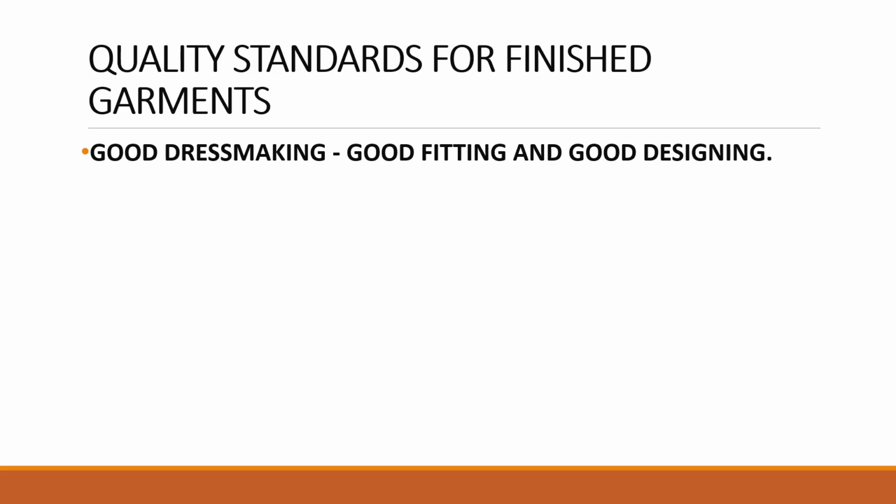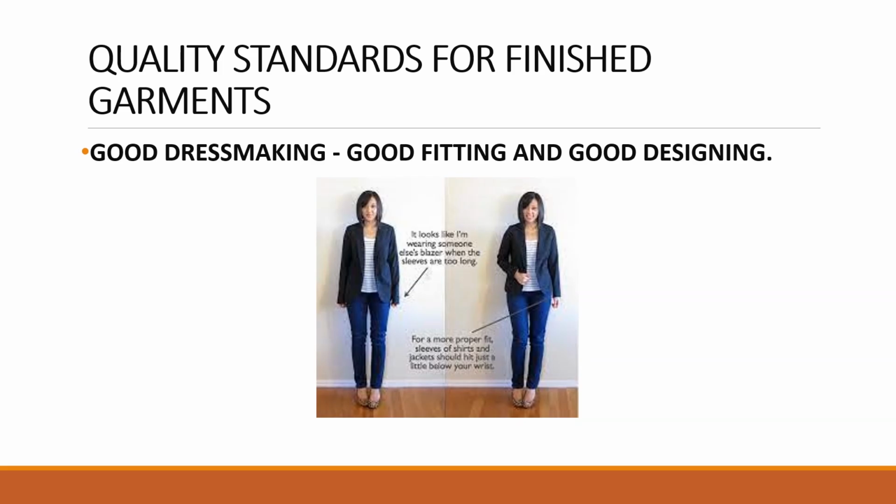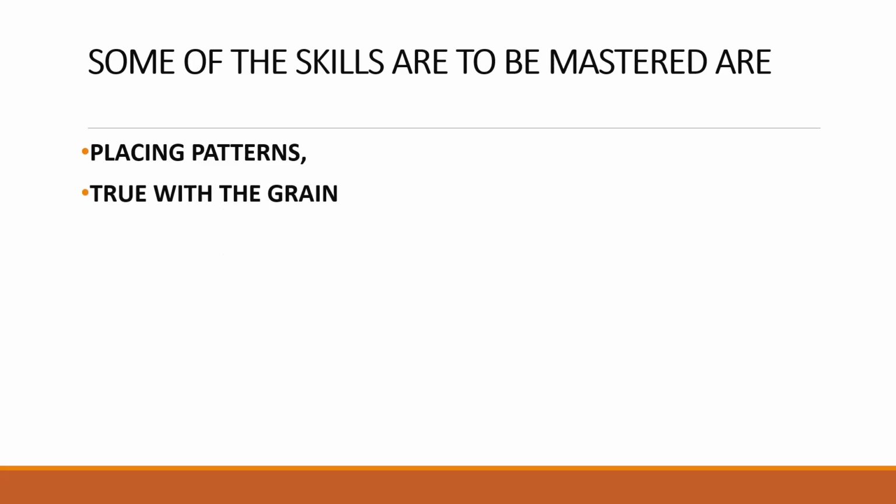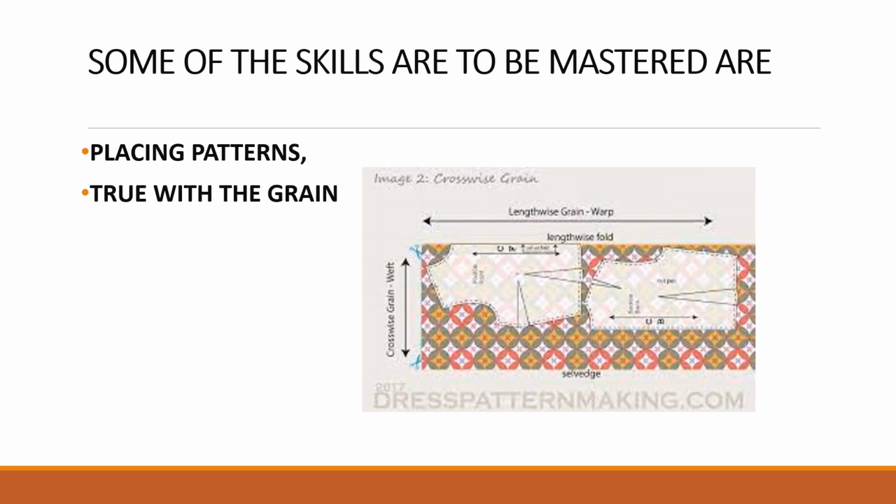So two aspects are combined in dressmaking of finished garments, as shown in the figure. Some of the skills to be mastered here are placing the patterns properly, and the knowledge of the grain in the fabric, which should be taken into account while we are placing the material on the cutting table.